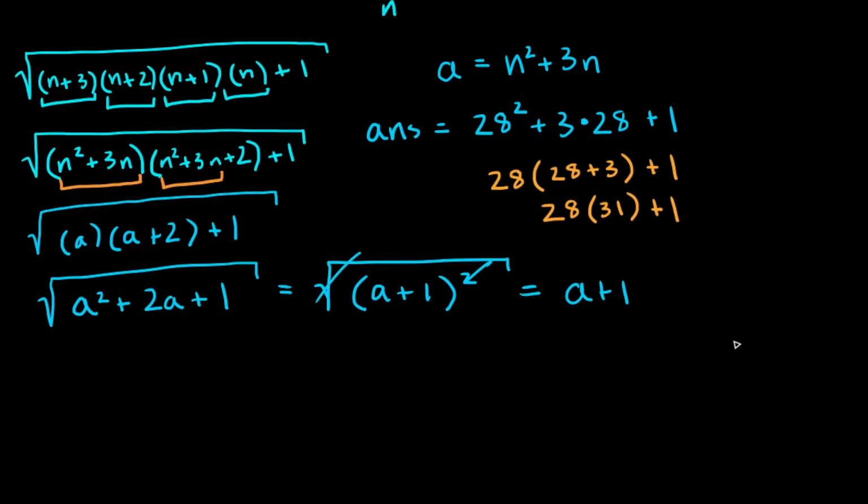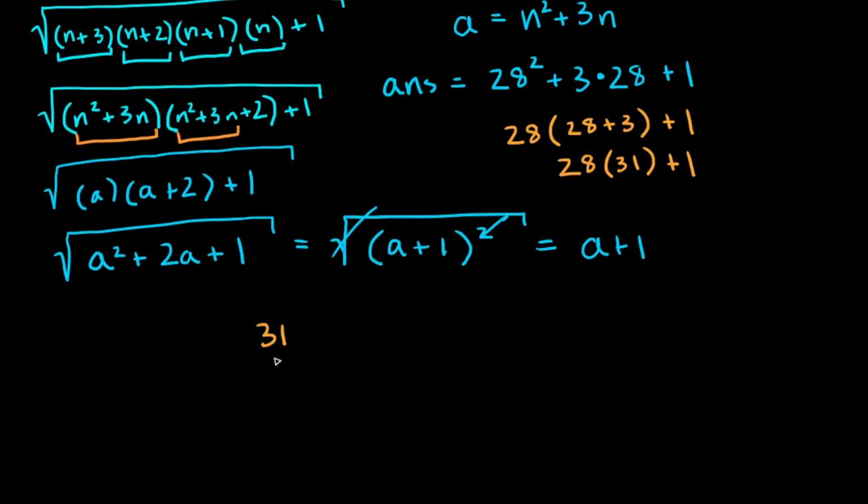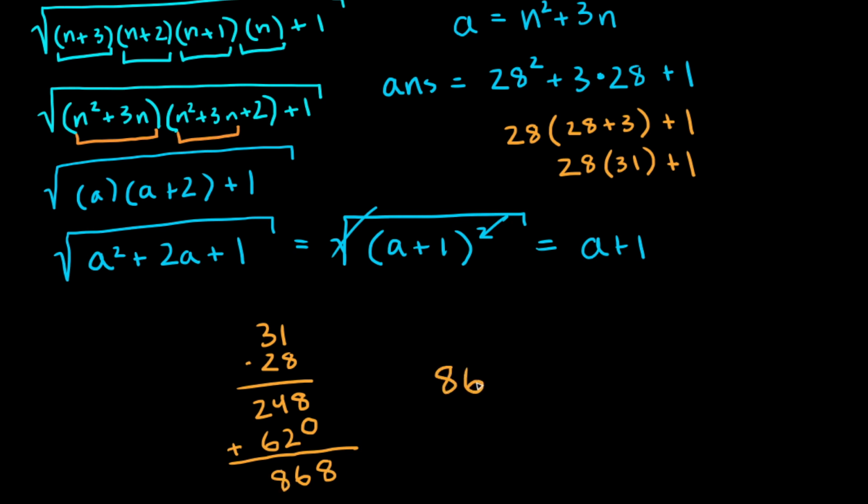And if we calculate that, 31 times 28 is equal to 8, 24 here, 62 here, which gives us 868, plus 1, which is 869. So make sure you don't forget that plus 1 over there. So that gives us 869.